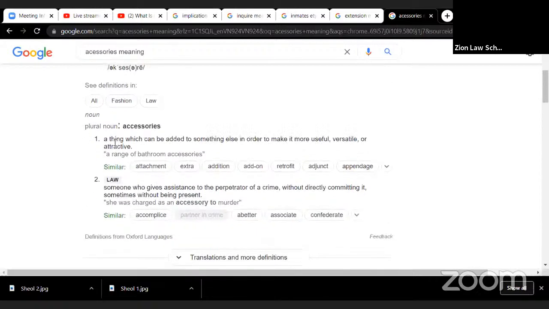Okay, plural noun: a thing which can be added to something else in order to make it more useful, versatile, or attractive. So hell can be extended, right? That's what it's saying. 2, law: someone who gives assistance to the perpetrator of a crime without directly committing it, sometimes without being present.